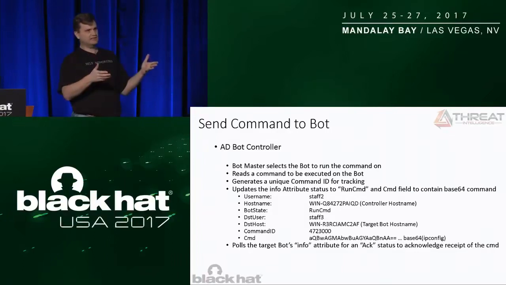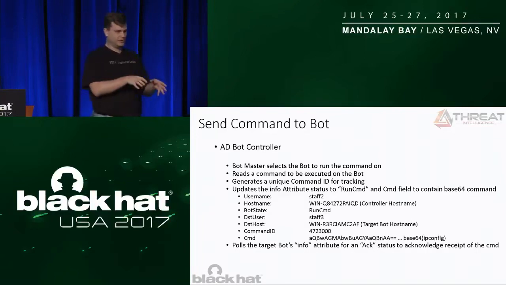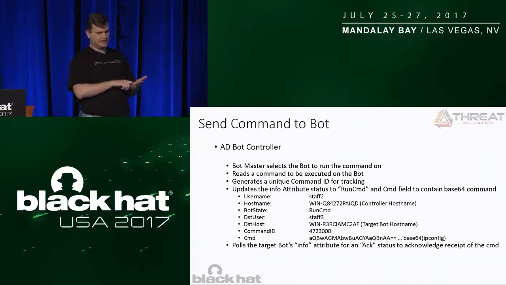Each node can only write to its own properties, so it writes to its own command and control attribute, which is the info attribute, and says this is the destination host that I want to run the command on.